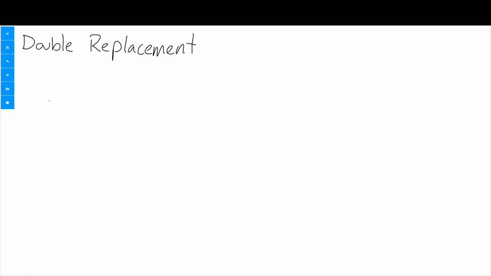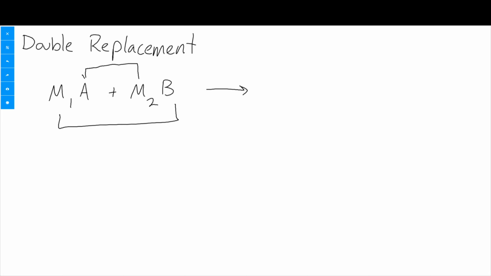And a salt is just a combination of a metal and a non-metal. So with two salts, you have metal 1A plus metal 2B. What happens here is metal 1 will pair up with B, and metal 2 will pair up with A. So there is a double replacement.